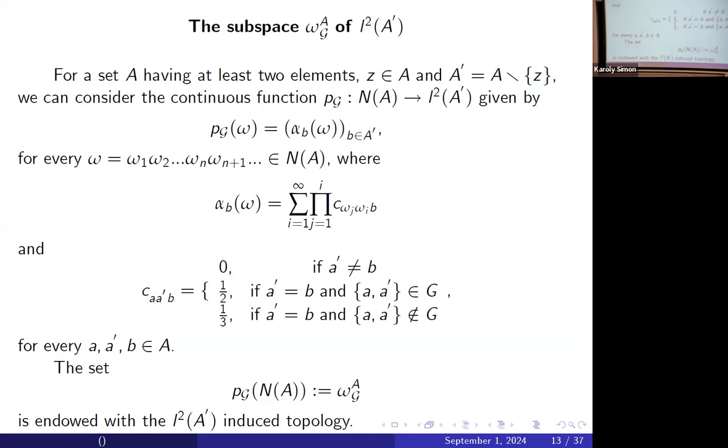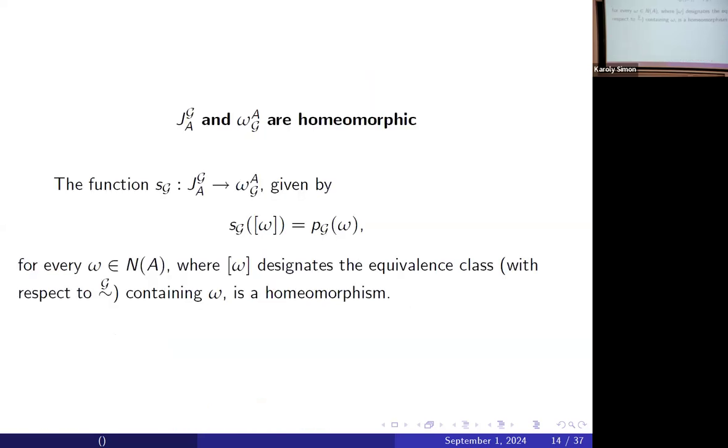And let us denote the range of P_G by Omega_AG. So Omega_AG is a subset of little l2. And therefore, on Omega_AG, we have a distance and we have a topology. Now, having the function P_G, we can construct the function S_G from the graph Lipscomb space into Omega_AG, which sends the class of omega into P_G of omega.